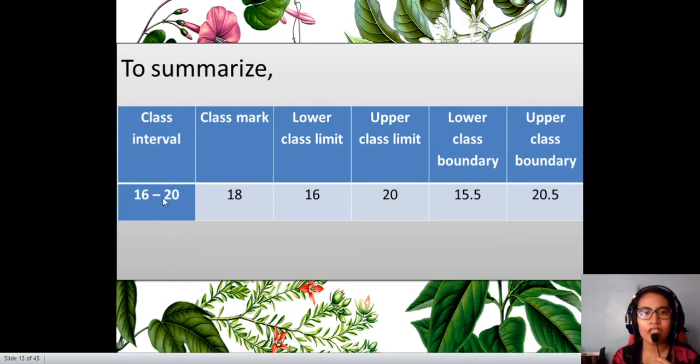The upper class limit is the upper number of your class interval, but for the lower class boundary, you will subtract 0.5 from the 16, and for the upper class boundary, add 0.5 to your 20. It depends on the given class interval. But the rule is always for the lower class, always subtract 0.5. For the upper class, always add 0.5.